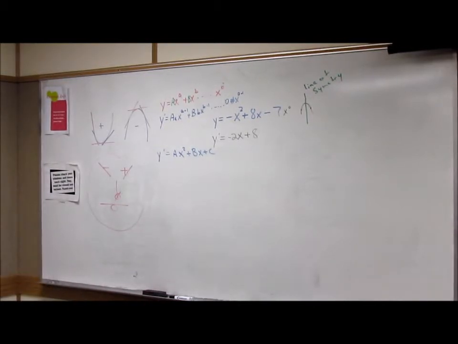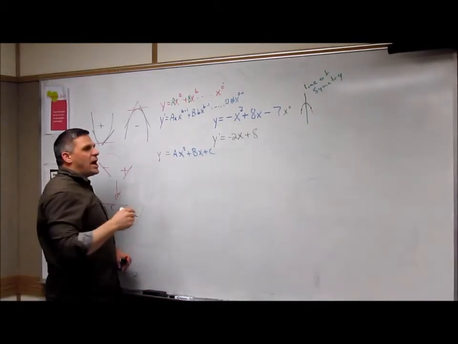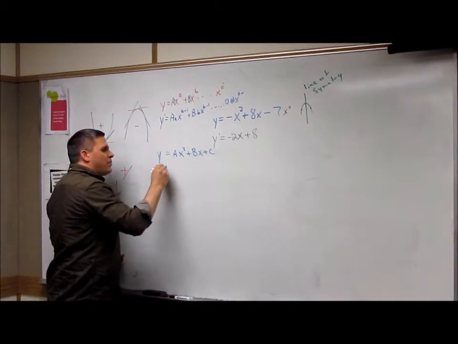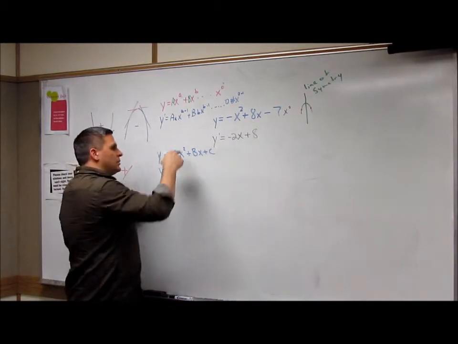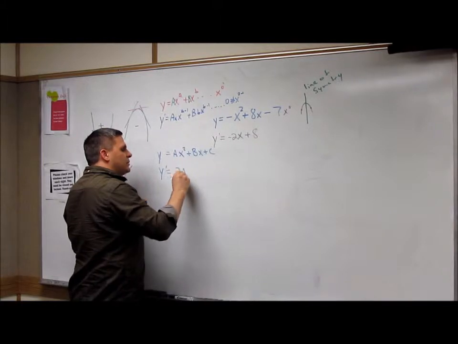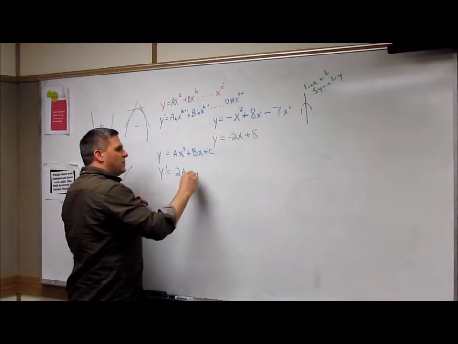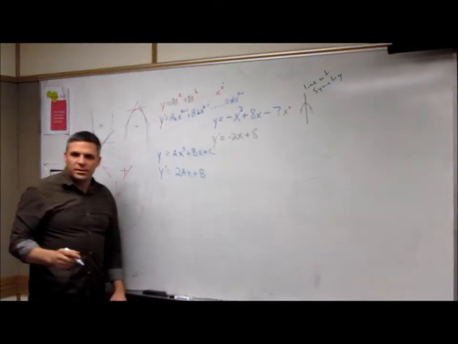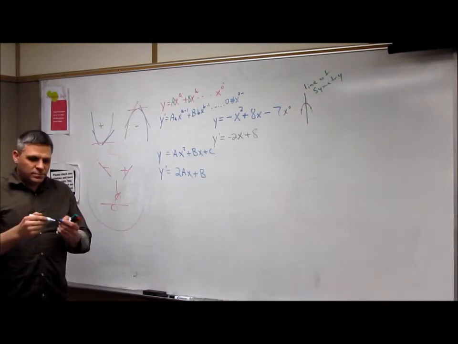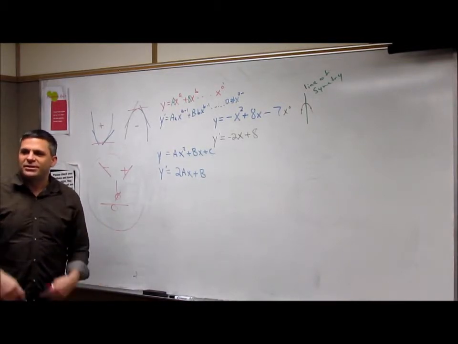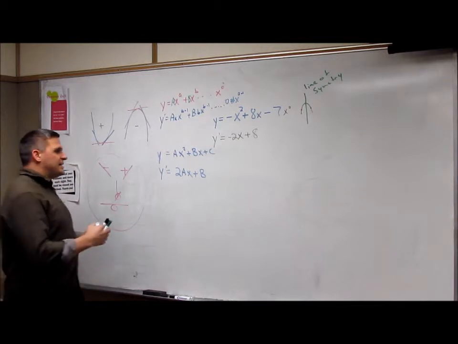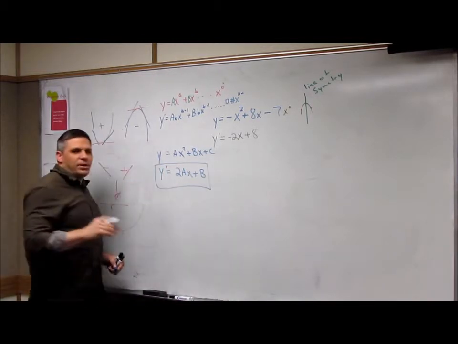So that's what y is equal to. So what is y prime equal to? It's equal to 2ax plus b. That's it. 2ax plus b. Every time. 2ax plus b. That's all you're going to worry about for right now.